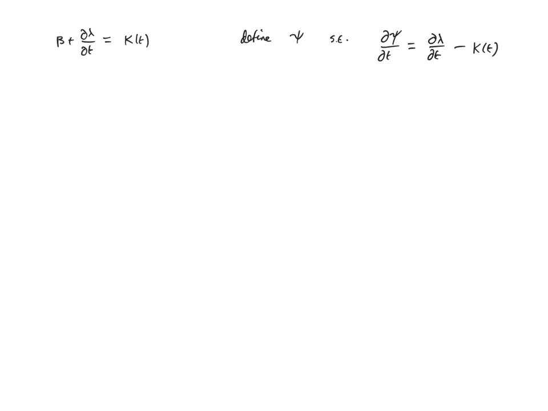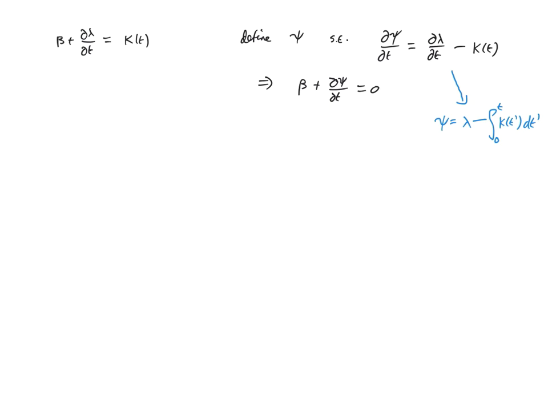And using this definition, of course, we get that beta plus d psi by dt is equal to 0. And this definition is basically equivalent to saying let psi equal lambda minus the integral of k of t primed, dt primed.